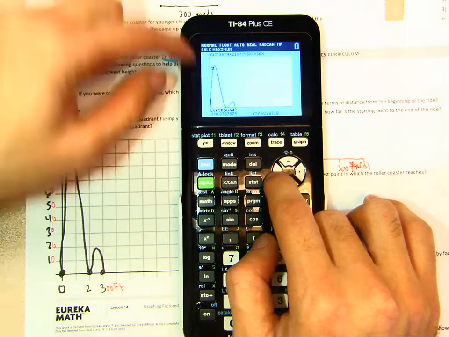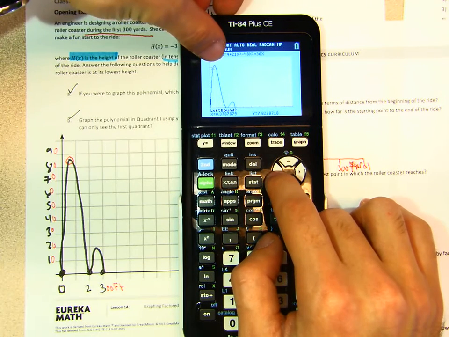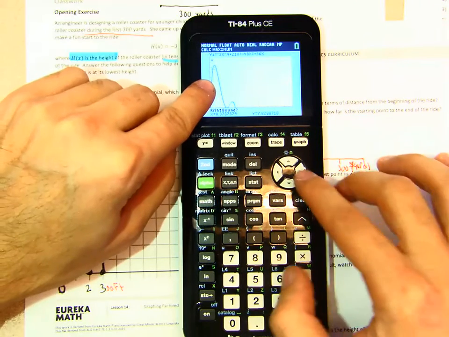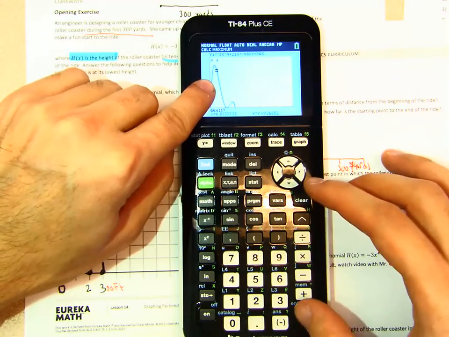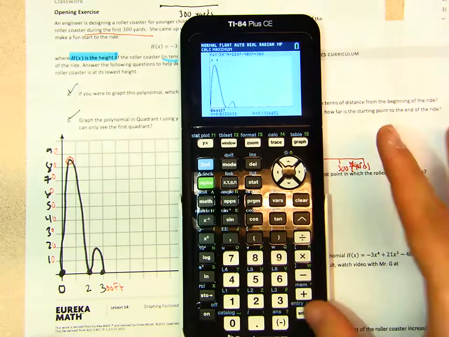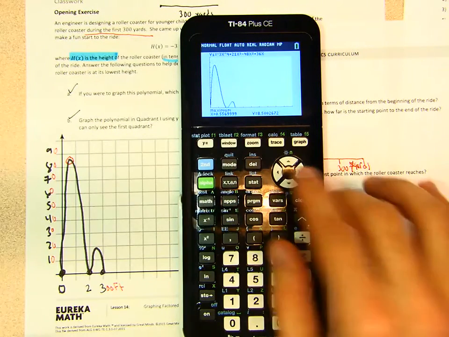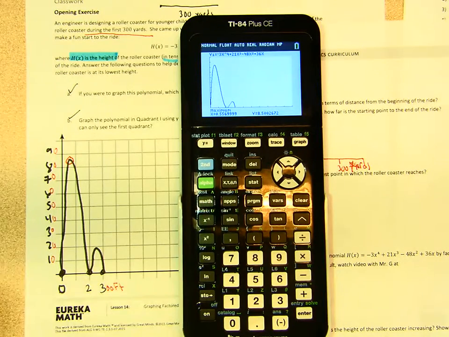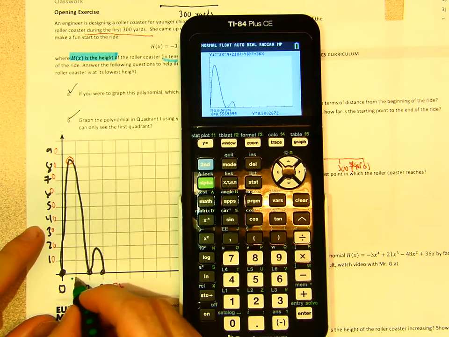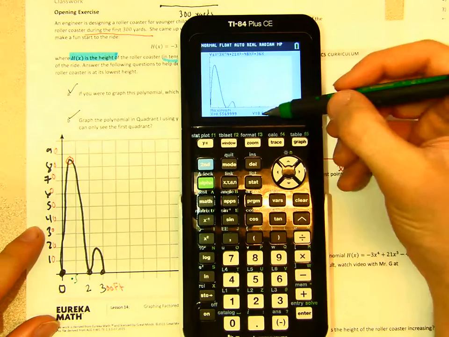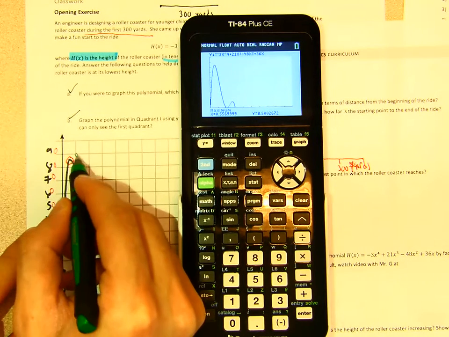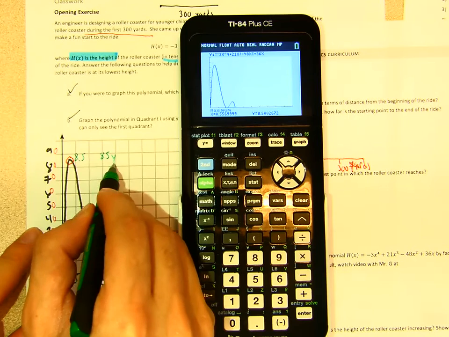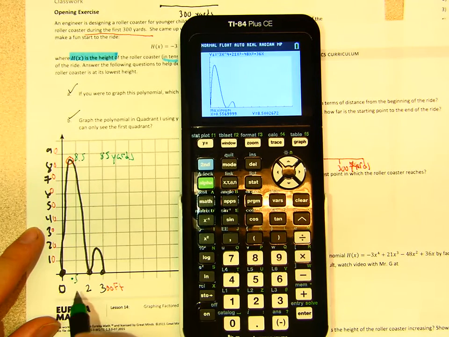And now here, if I know this is the maximum, I hit left bound, I go to the left of it, then I go to the right of it, I hit enter, and then it gives me a guess, I hit enter. And now here, this is my maximum. It's at 5, so I know that it reaches about 5. And what's the maximum height? It's about 8.5. This is about 85 yards where it reaches the maximum.